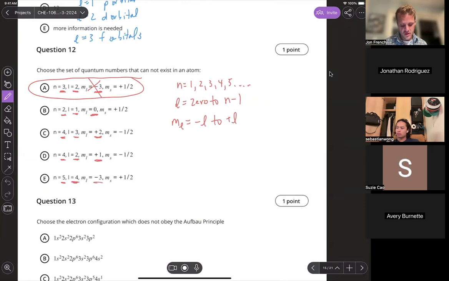And if L is 4, sure, ML can be minus 3 because it can be within minus 4 to plus 4, so that checks out. So choice A is incorrect because it's telling us an orientation of a d orbital that does not exist with that combination of numbers.